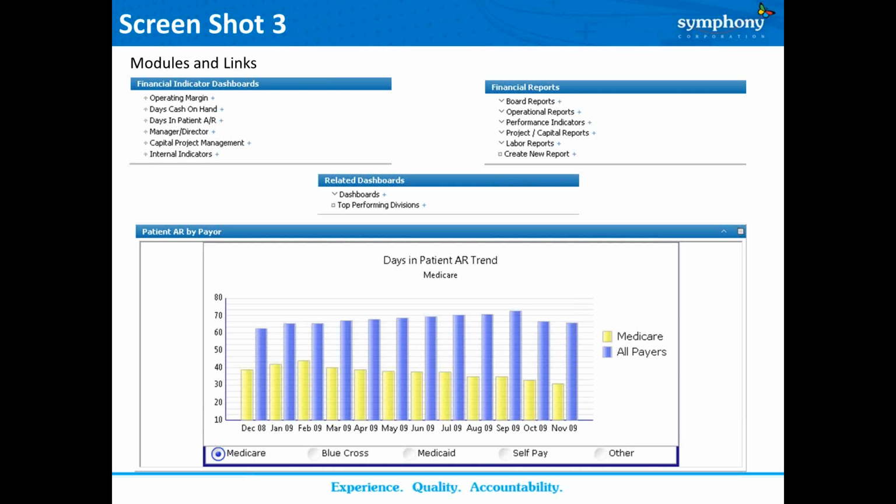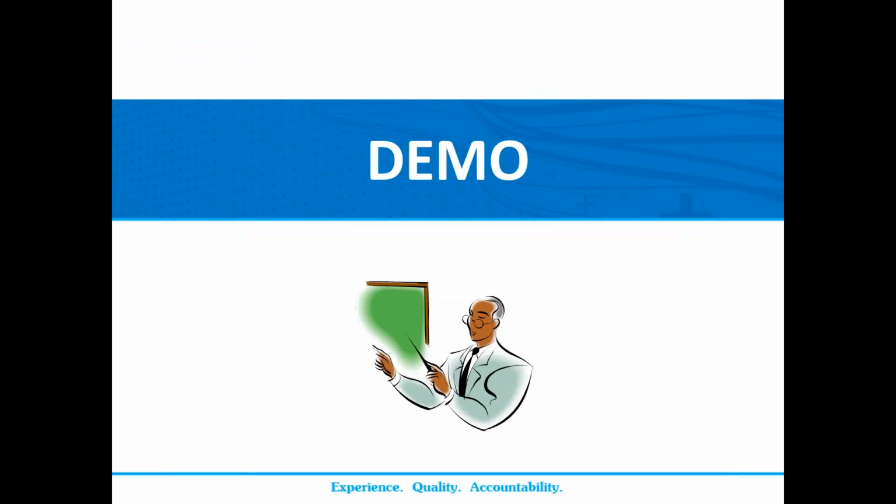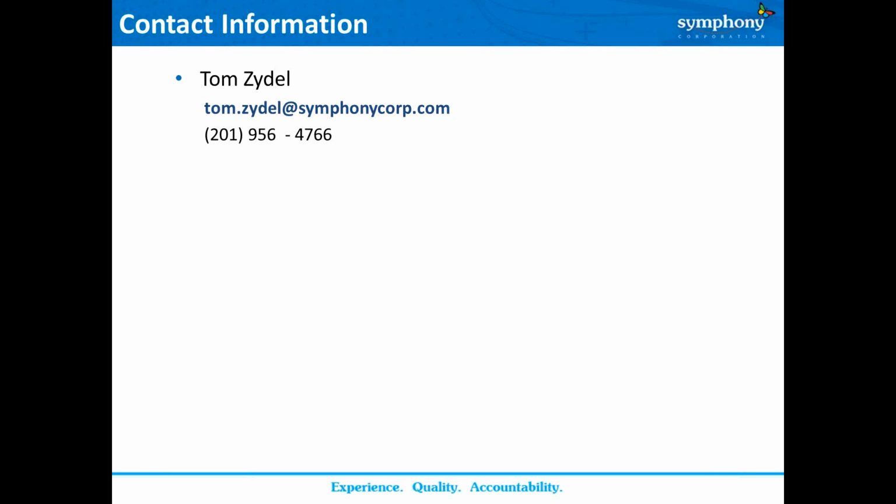Based on that it is an interactive graph. Based on what radio button you click, the graph changes for the month or year to date, however you have developed it.